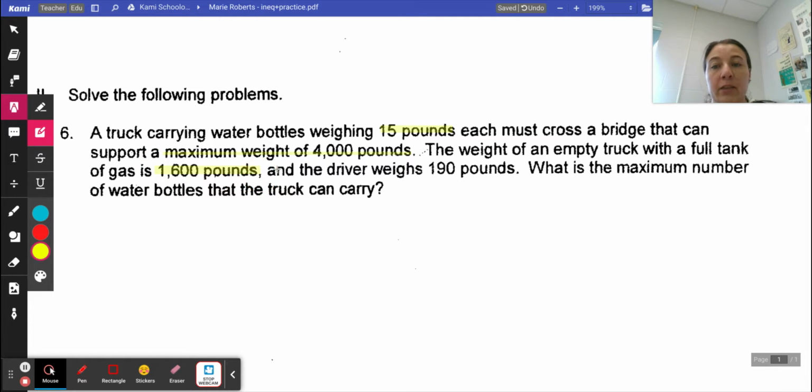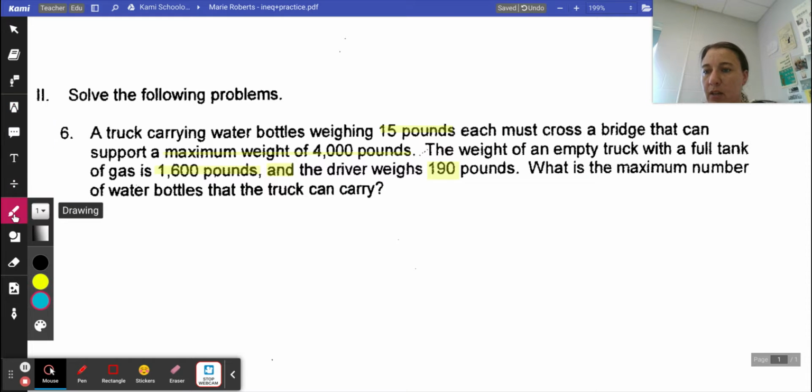I forgot to do that last time. And an often forgotten tiny word, but still important. And the driver weighs 190 pounds. Everything's in pounds, so we all have the same units. That's cool. Makes our life easier when things are in the same units.